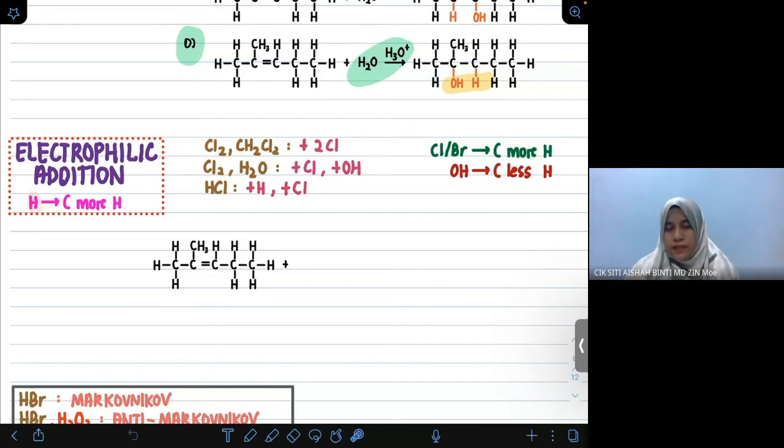So in this case, our chlorine or bromine will be added to the carbon with more hydrogen, and OH will be added to the carbon with less hydrogen.